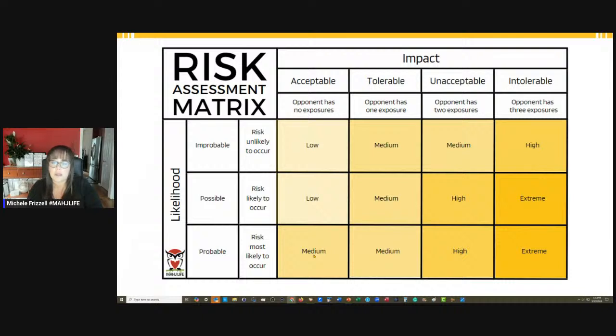You want to stay away from unacceptable and intolerable. Consider pushing to win if the discard impact would be acceptable and tolerable. So keep this visual in mind. And in the wiki article that I put a link for in the video description, it will take you to an article on this concept.